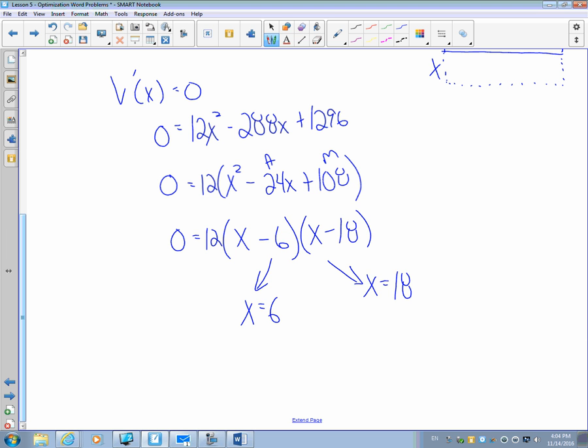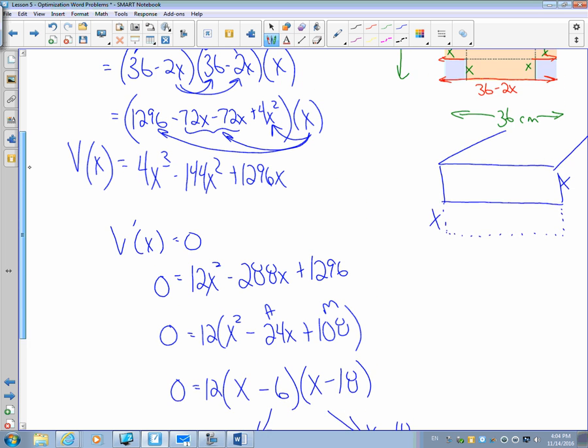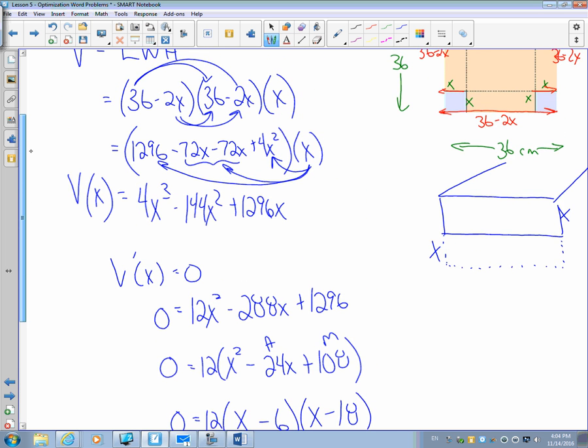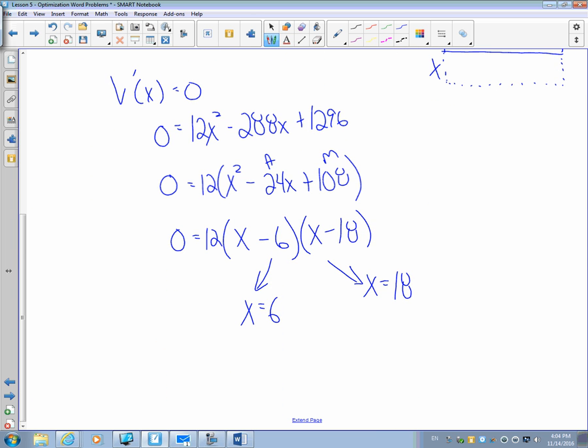Well, how can we get two solutions? That doesn't make sense. One of these must not work. So if you go back to the beginning, what were we talking about? We were talking about cutting a piece off of a 36 centimeter wide piece of tin. And we're cutting a piece off each side, right? The size of x. Well, if I start with 36 centimeters and I try and cut off two pieces that are each 18, 36 minus two pieces, each 18, I end up with nothing.